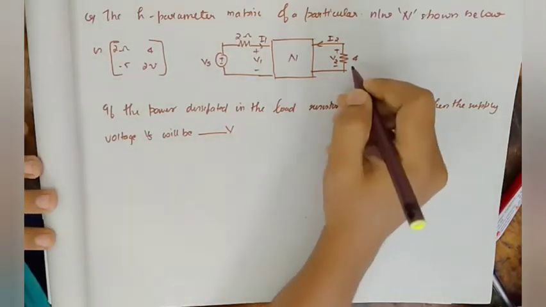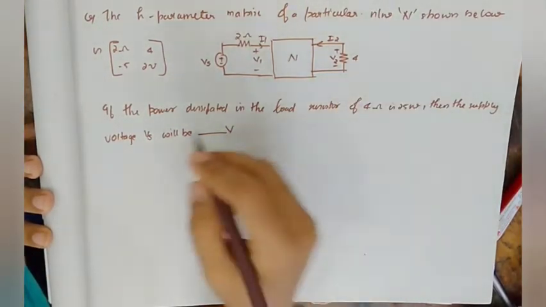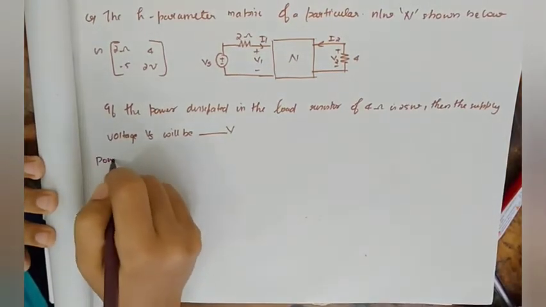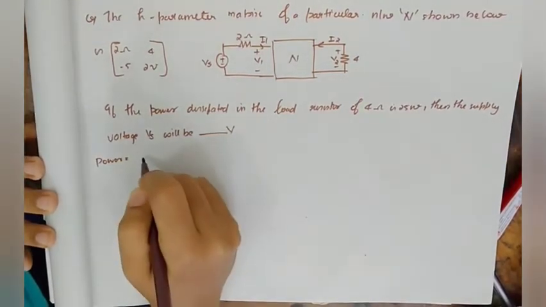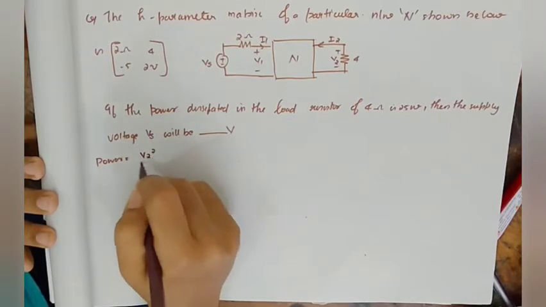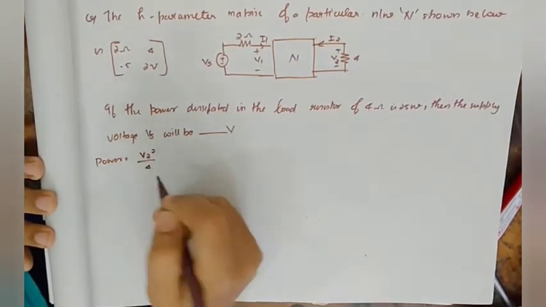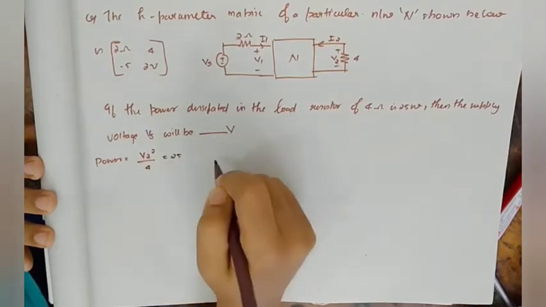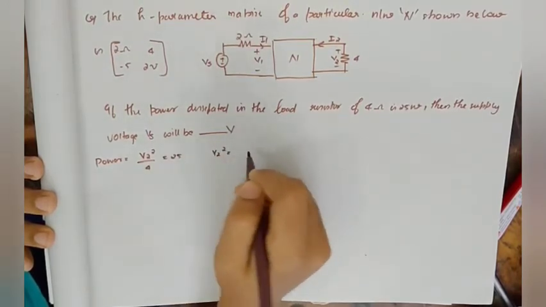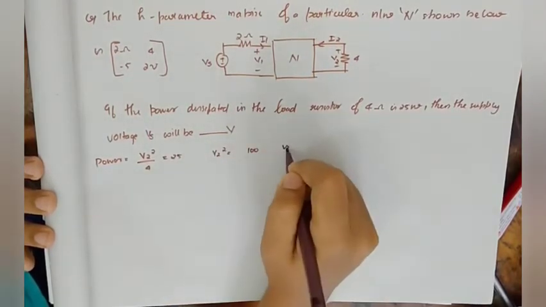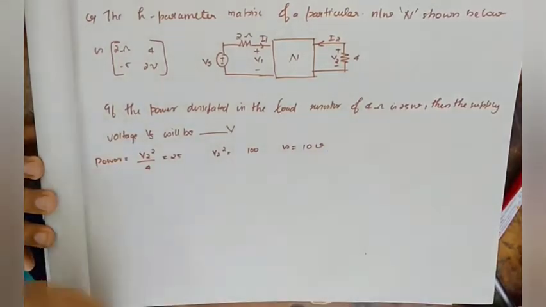So the power dissipated in the load resistor, power is equal to V square divided by R, right? The voltage over there is V2, so V2 square divided by 4 is equal to 25, and V2 square is equal to 100, and V2 is equal to 10 volt, okay.